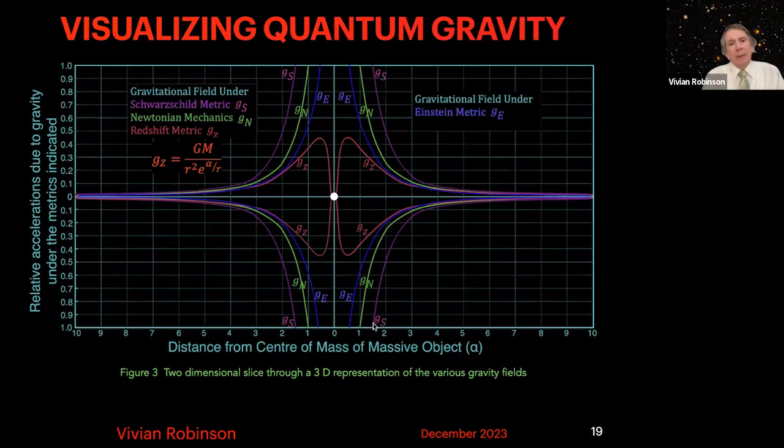Because this is plotted in terms of the Schwarzschild radius, alpha, you can fit anything you like into this, and you'll always get the same result. Incoming particles attracted to here will have a velocity equal to about 0.7 c.